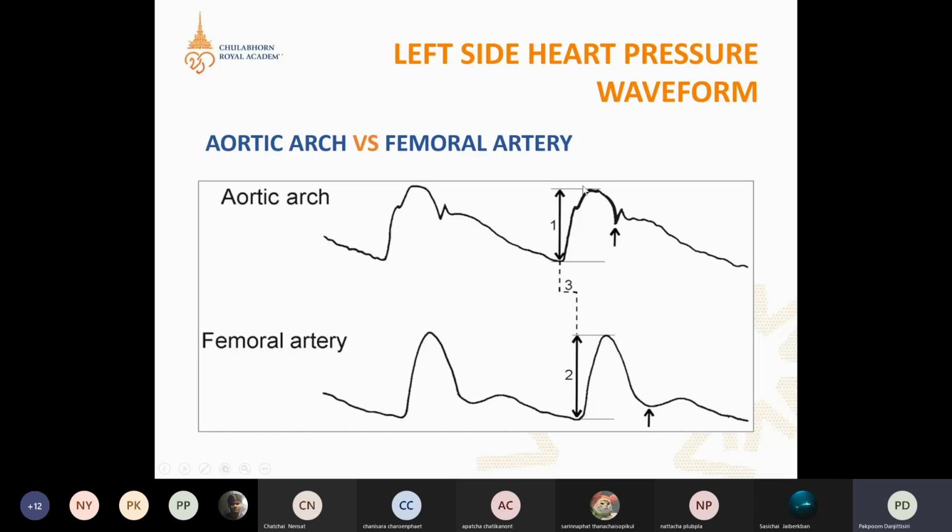That is the basic characteristic of the aortic arch, or aortic pressure.